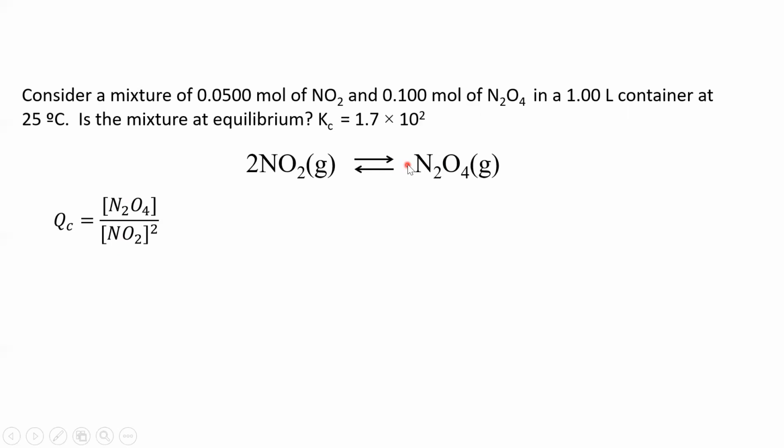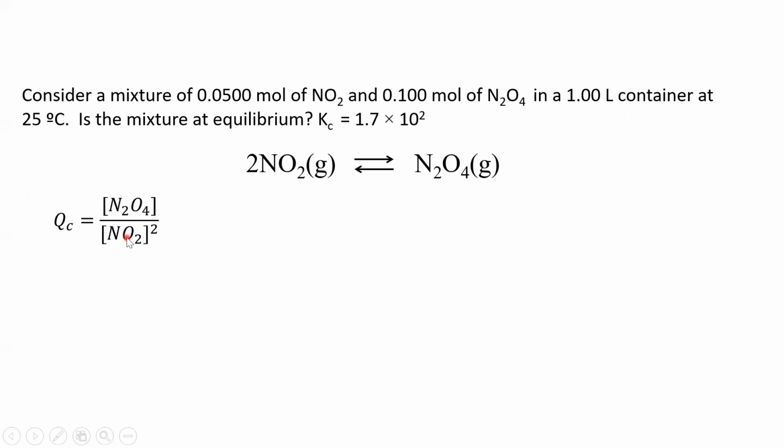So we've got a 1 for our product, so there's a 1 that's assumed to be here, and we have a 2 for our reactants. That's why it's raised to the 2 power. We write a Q expression the same way we write a K expression. The difference is K is at equilibrium. Q may or may not be at equilibrium.